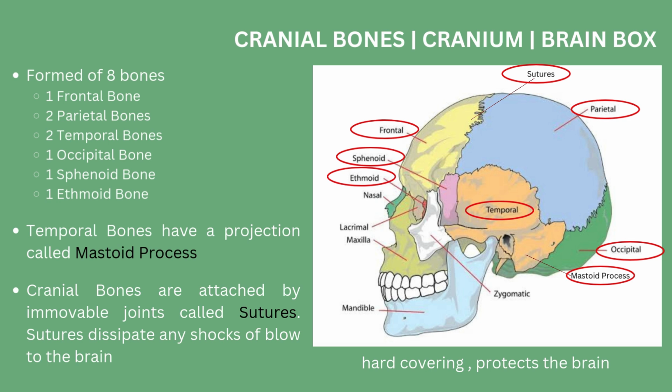So, just as the expansion joints in a bridge absorb slight shifts and movements caused by traffic, the sutures in the skull help to absorb the shocks to the skull, reducing the risk of injury to the brain.